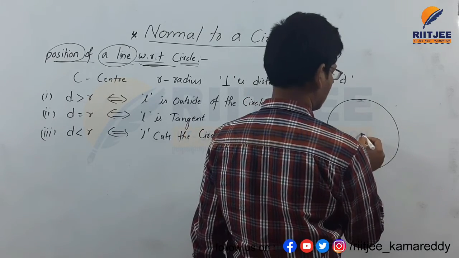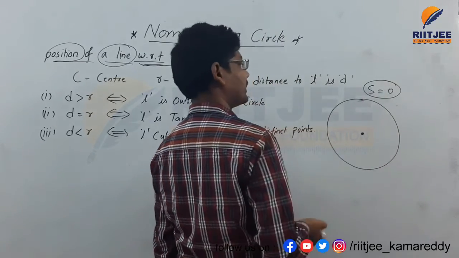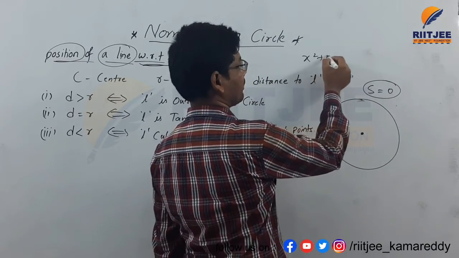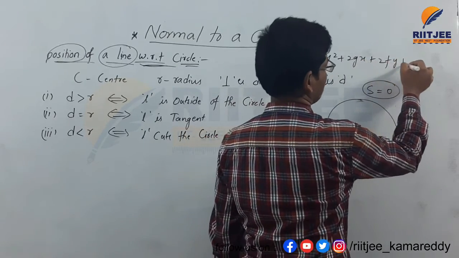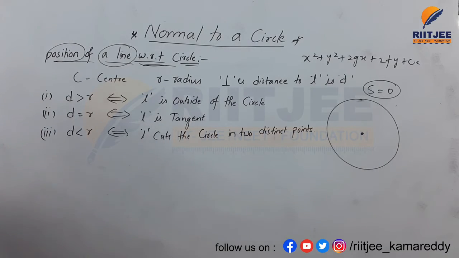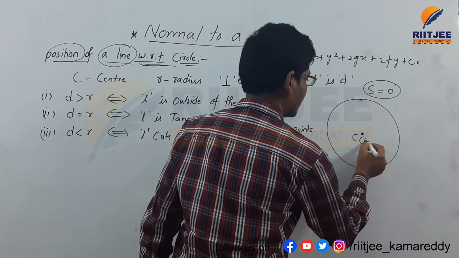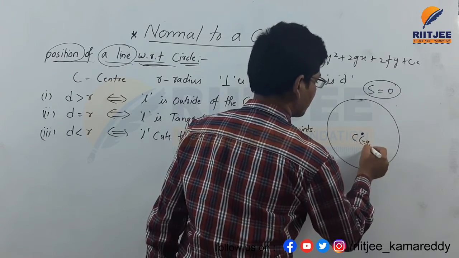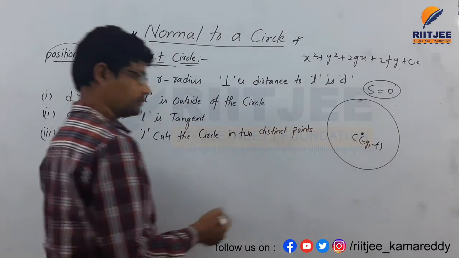S is equal to 0 is nothing but x square plus y square plus 2gx plus 2fy plus c is equal to 0. This is the form of circle here, and C is the center, that is minus g comma minus f, and R be the radius.